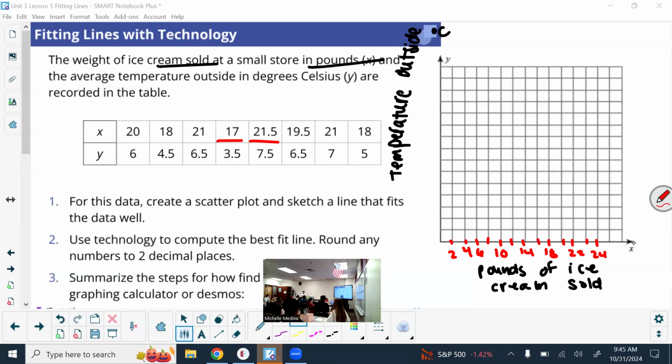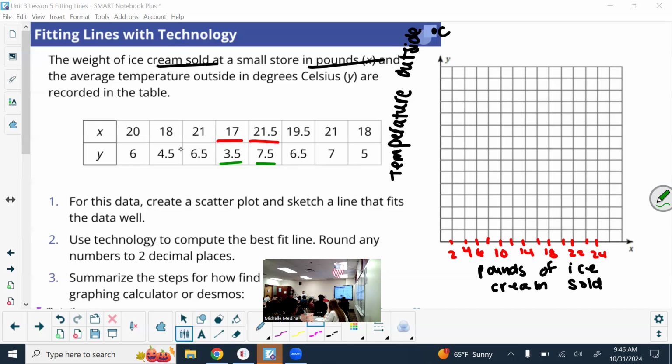All right, now for my temperature outside, look at what my Y values are. My smallest one is 3.5, good, and my biggest one is... So do we want to count these by ones? Or can you think of something even better?